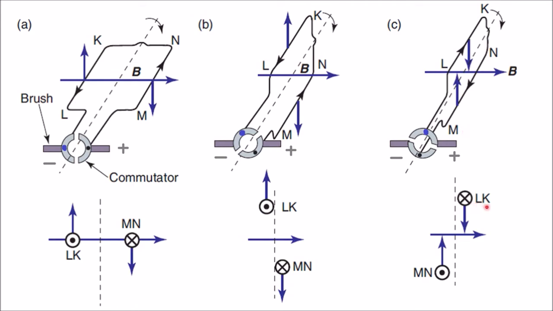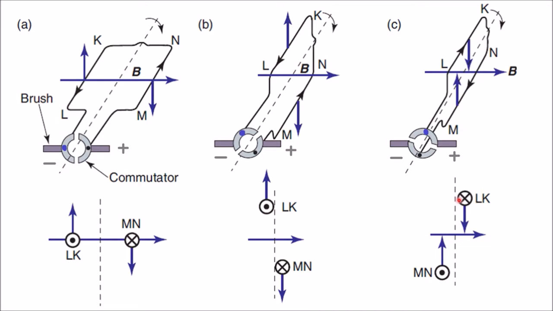If LK, instead of going into the page, is still coming out of the page, my thumb is still pointing out, okay, follow me here. Thumb is pointing out on LK because the current is coming out of the page. B is still going to the right. F, my palm is now pointing upwards instead of down.